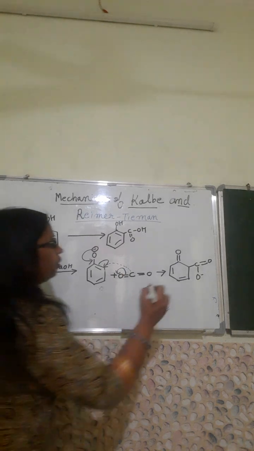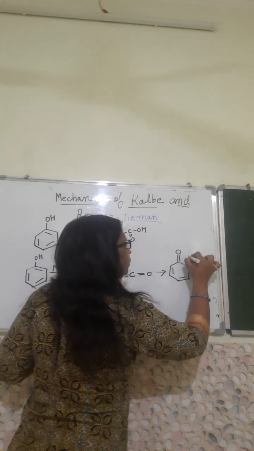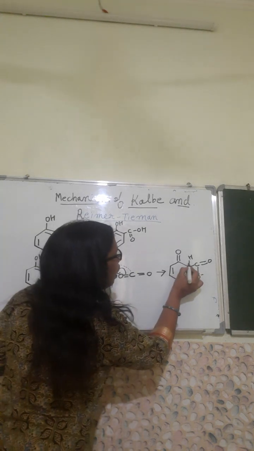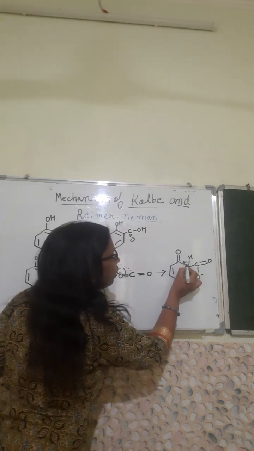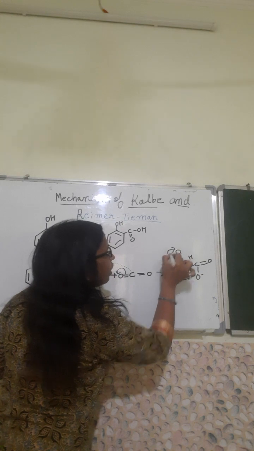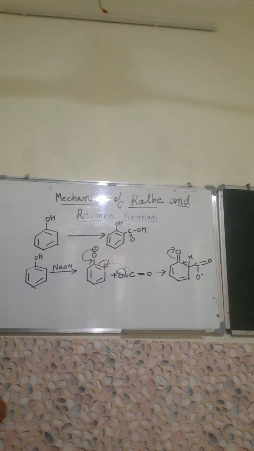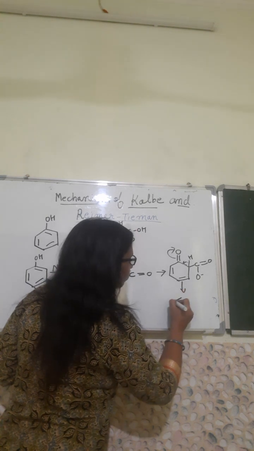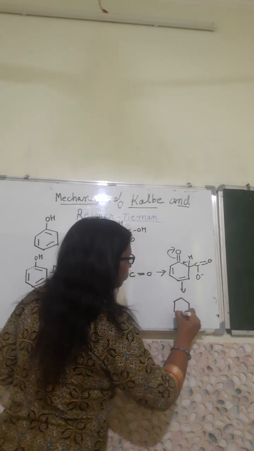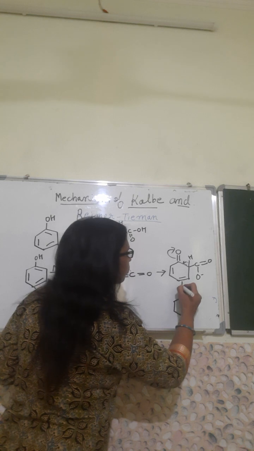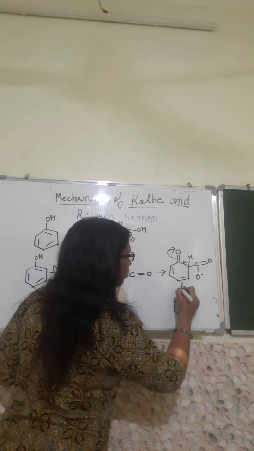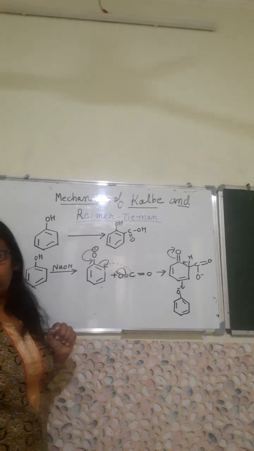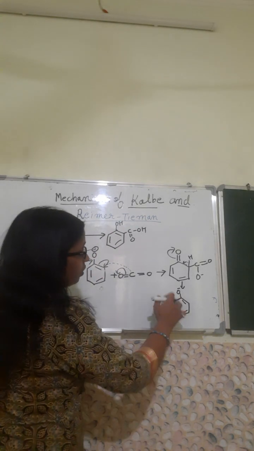Now we know there is a hydrogen. This hydrogen makes the bond here and this oxygen again acquires the negative charge. Then, with the double bonds, the ring follows Huckel's rule, always 6 pi electrons.